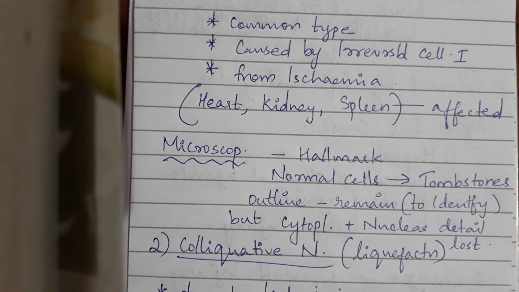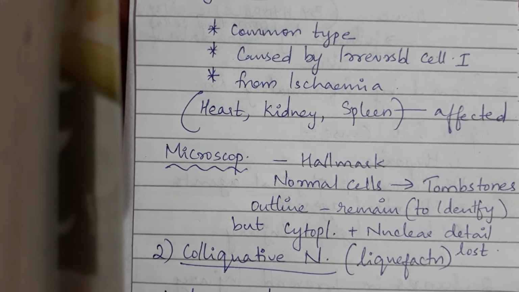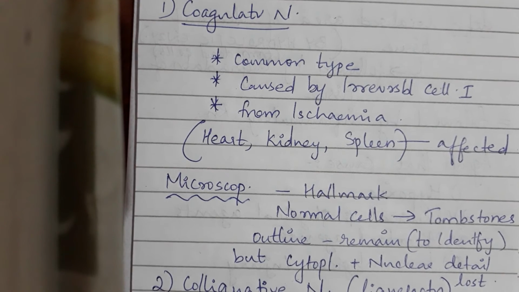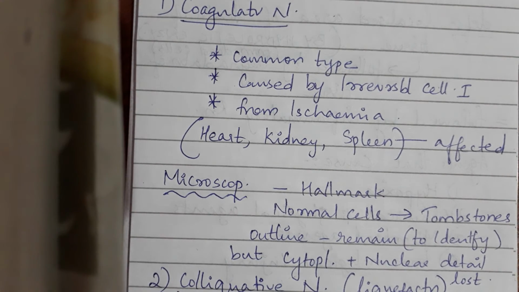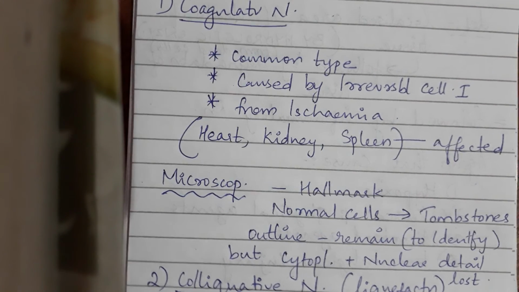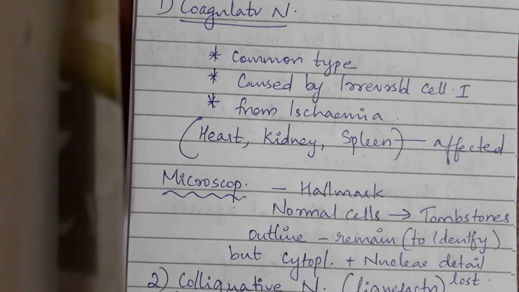So when we come to the types of necrosis, we always have to give a small description in the beginning, what its causes are, then the affected organs, then the gross and microscopic appearance of that necrotic cell. These should all come in each type of necrosis.